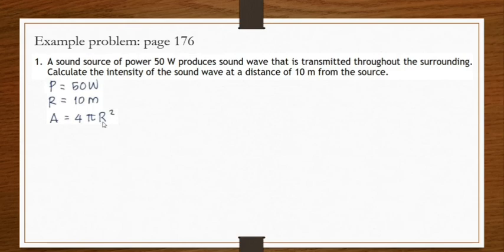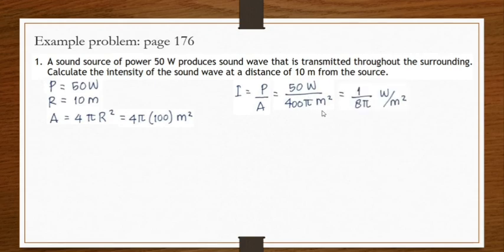The area will be the area of a sphere, 4 pi r squared, which is equal to 4 pi times 100 in meter squared. So I equals P over A. The power is 50 watts divided by 400 pi meter squared. So it will be equal to 1 over 8 pi watt per meter squared.